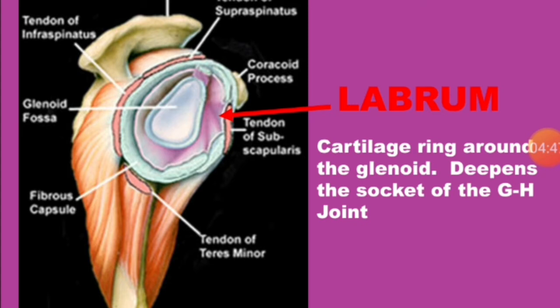The tendon of supraspinatus on the superior aspect, the tendon of infraspinatus on the lateral aspect, the tendon of teres minor on the inferior aspect, and the tendon of subscapularis on the medial aspect of the glenoid cavity.